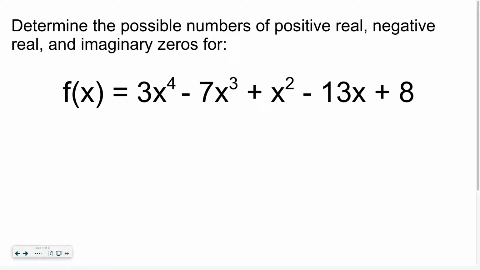And if I read the directions here, this is going to be similar to what they're going to ask you to do in your homework. Determine the possible numbers of positive reals, negative reals, and then also imaginary, which I didn't mention, but I'll show you where that comes from. Imaginary zeros for this polynomial.